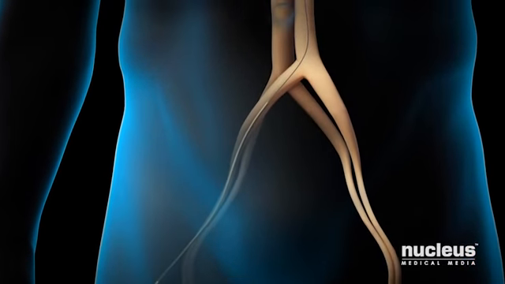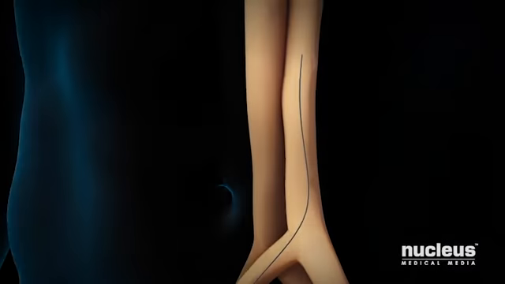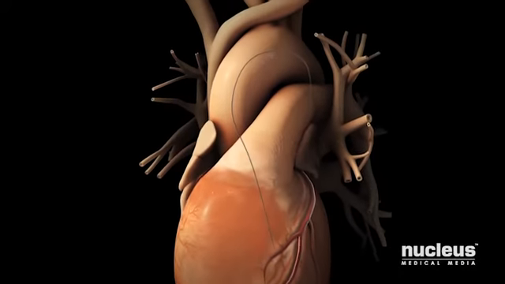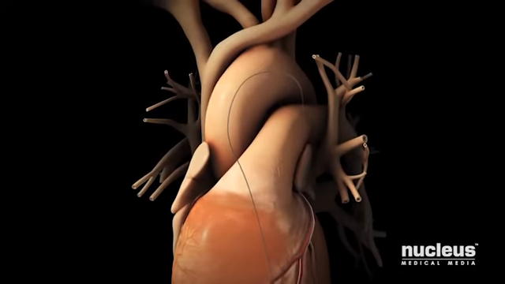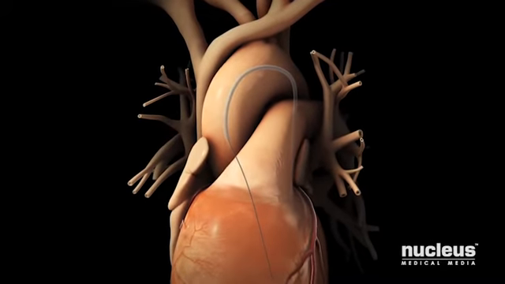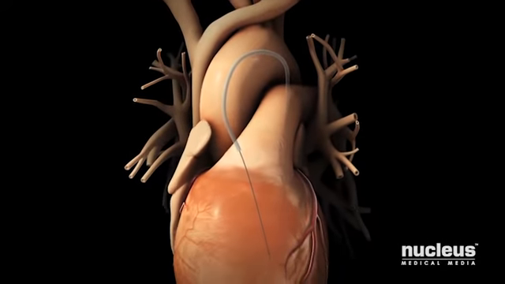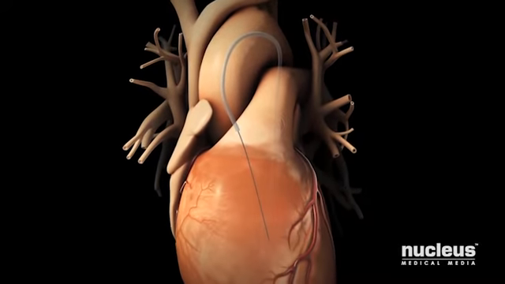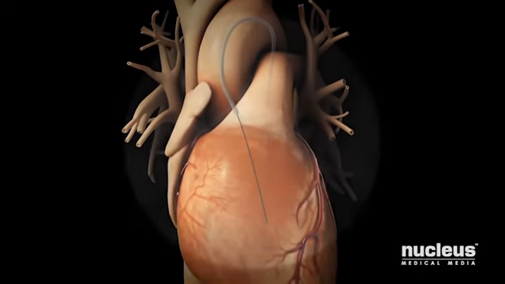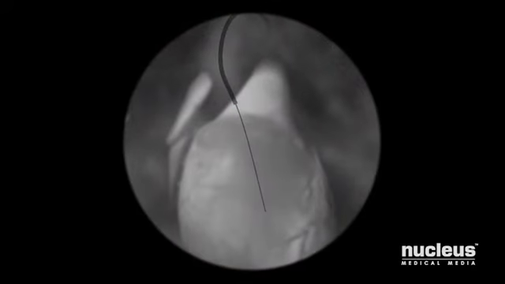Next, the guide wire will be advanced up to your heart. A flexible tube called a catheter will be advanced over the guide wire and brought into position near your coronary arteries. The procedure will be monitored using an X-ray imaging device called a fluoroscope.